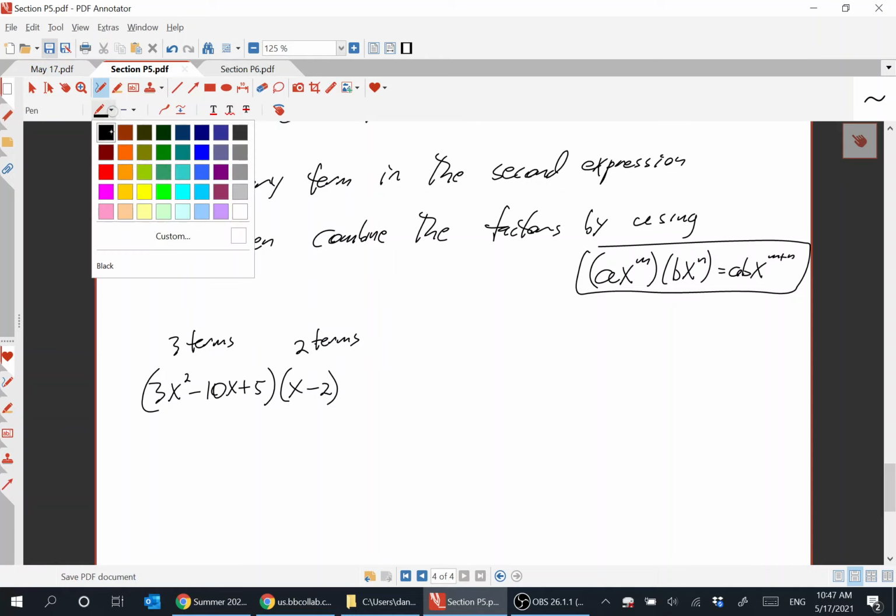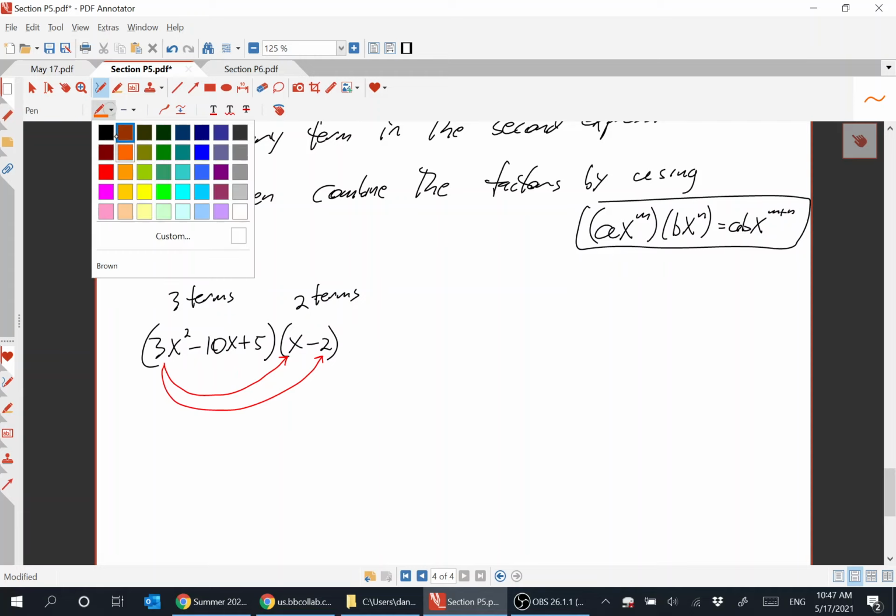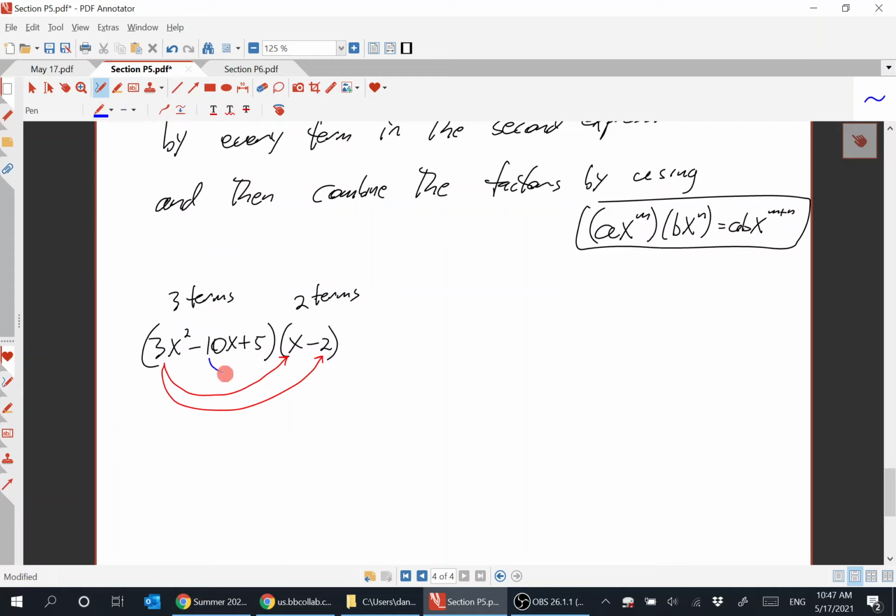And what you're going to do is take each term in this expression and multiply it together with each term in that expression. So the 3x squared gets multiplied by the x and the minus 2. The minus 10x, I'm going to use orange, the minus 10x is going to get multiplied by the x and the minus 2.